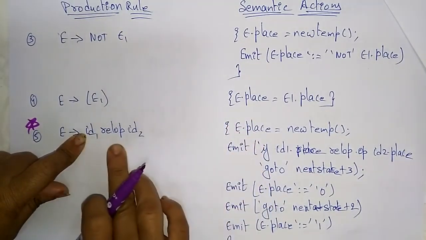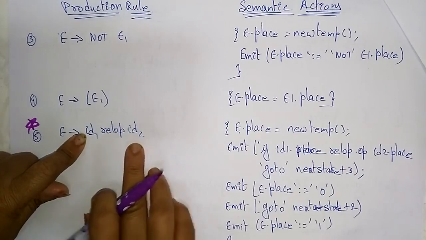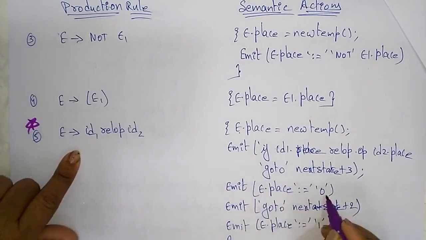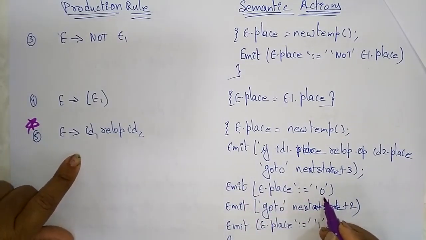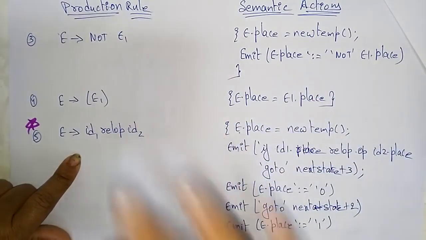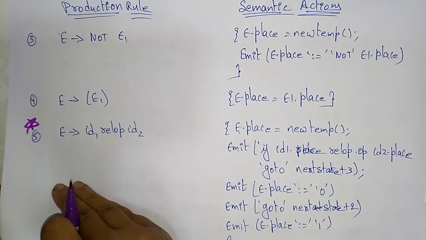So if ID1 dot place relational operator ID2 dot place holds, skip the program by 3 steps, means you go to after 3 steps. Otherwise E dot place is equal to 0, and after that go to next 2 steps and emit E dot place is equal to 1. I'll explain these steps by taking an example, so don't be confused.